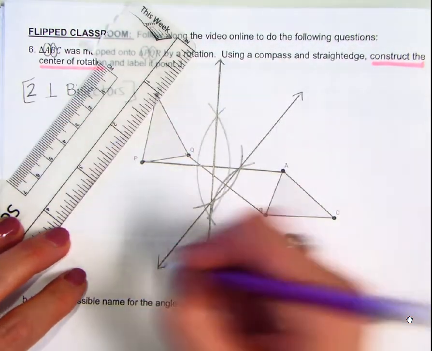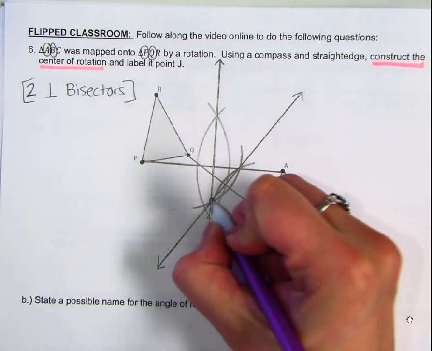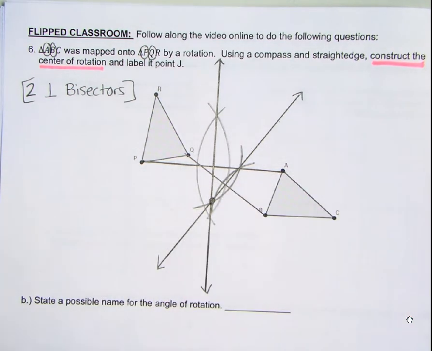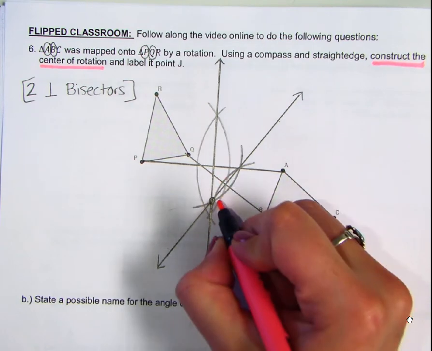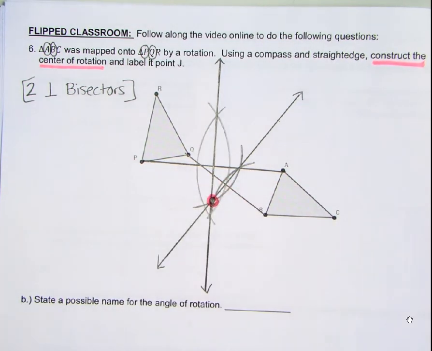You are looking for where your perpendicular bisector lines meet. That is going to be your center of rotation. Label it point J.